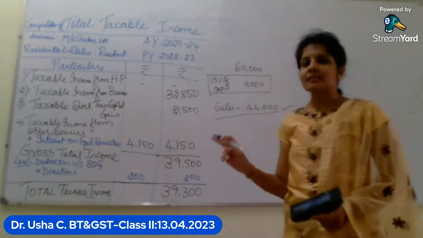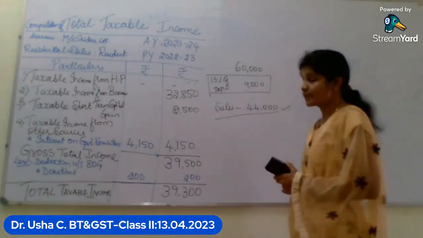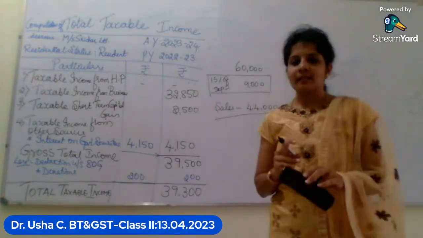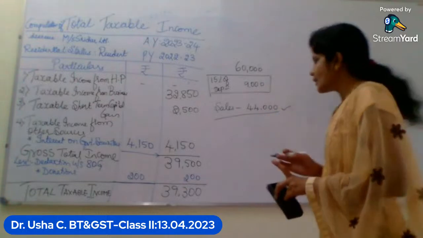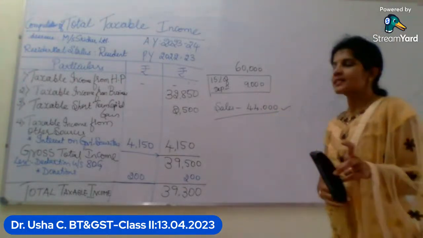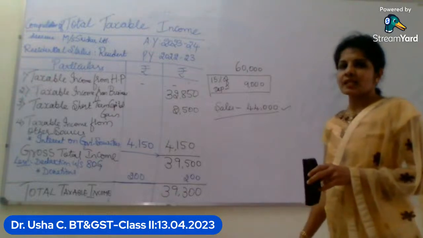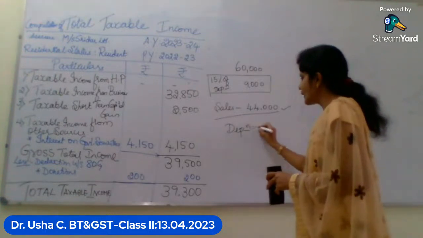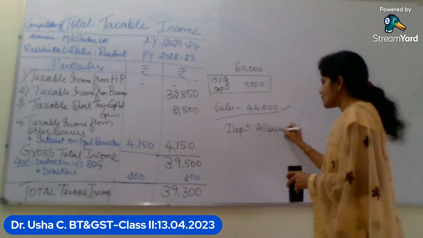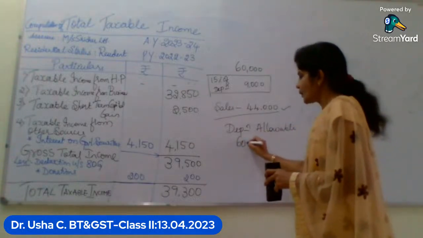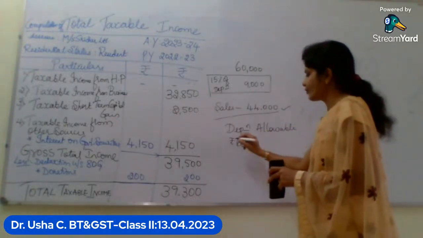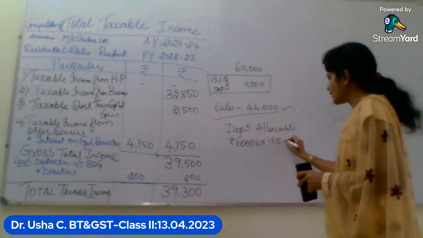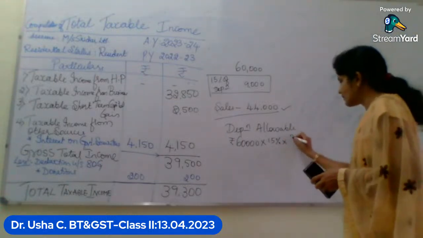Next, the use of the car is 3/4 for business and 1/4 for personal use. So whatever you are charging as car expenses or as depreciation, you have to take this amount of depreciation only to the extent of 3/4. Depreciation allowable is 60,000 rupees, the value of the asset, multiplied by 15% depreciation, multiplied by 3/4.